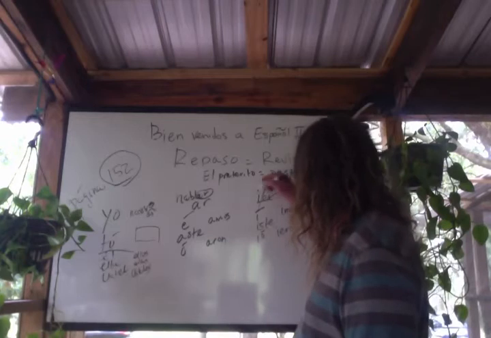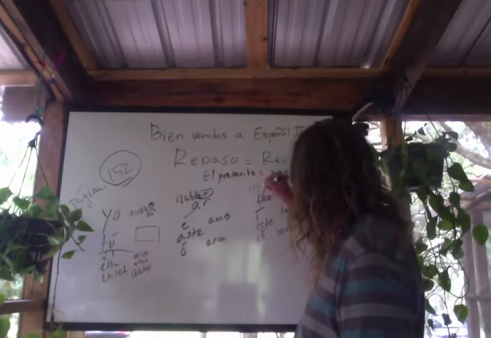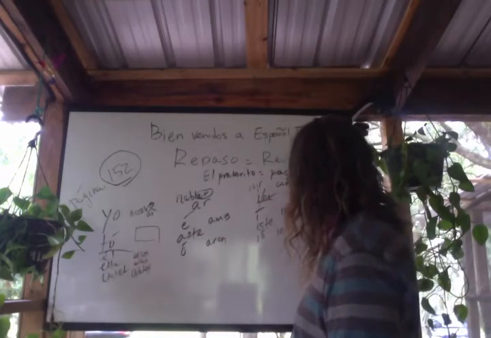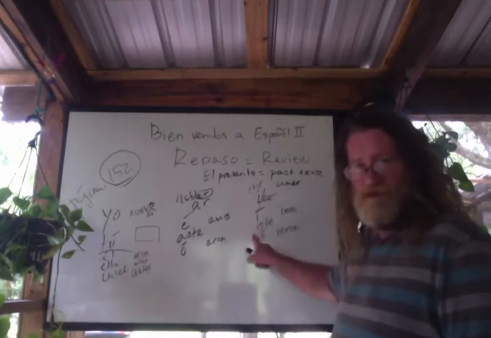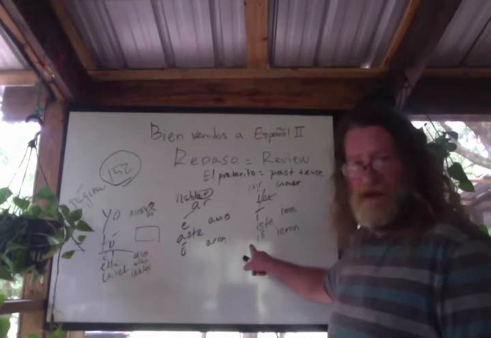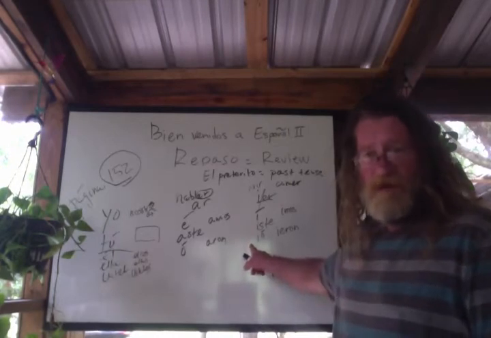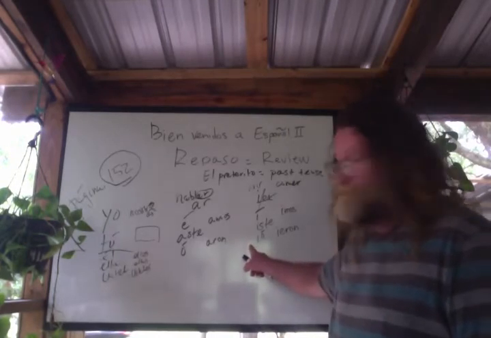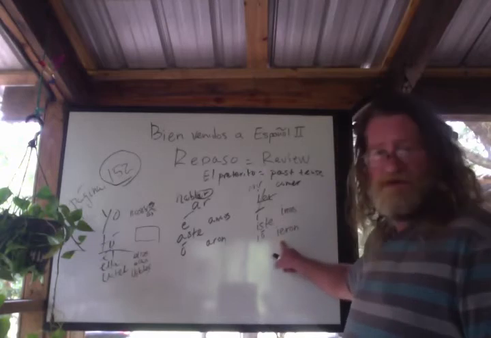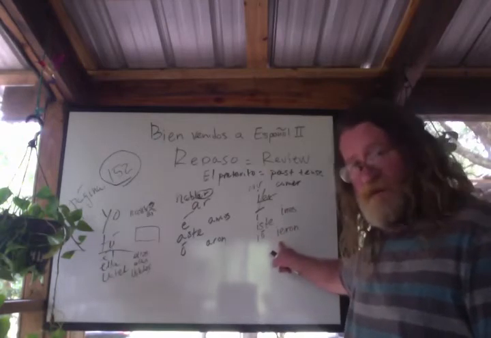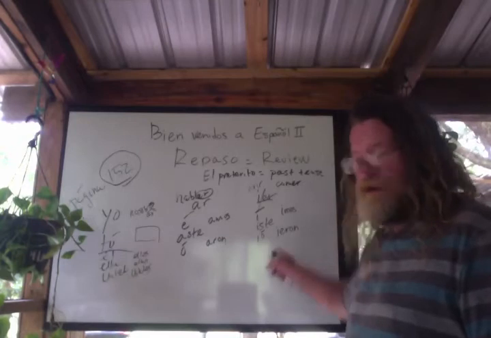And if we had comer, I would say yo comí, tú comiste, él comió, ella comió, usted comió. Nosotros comimos, nosotras comimos, ellos comieron, ellas comieron, ustedes comieron.